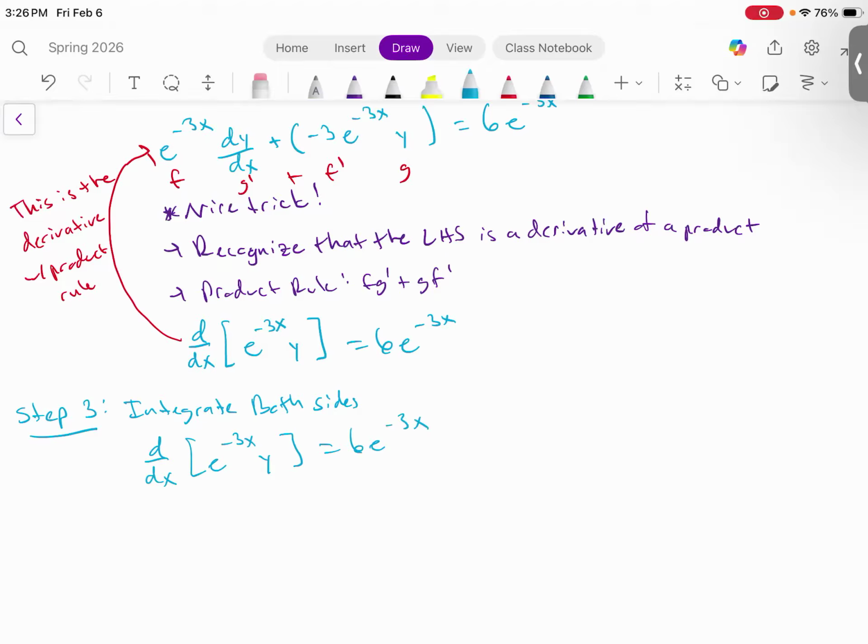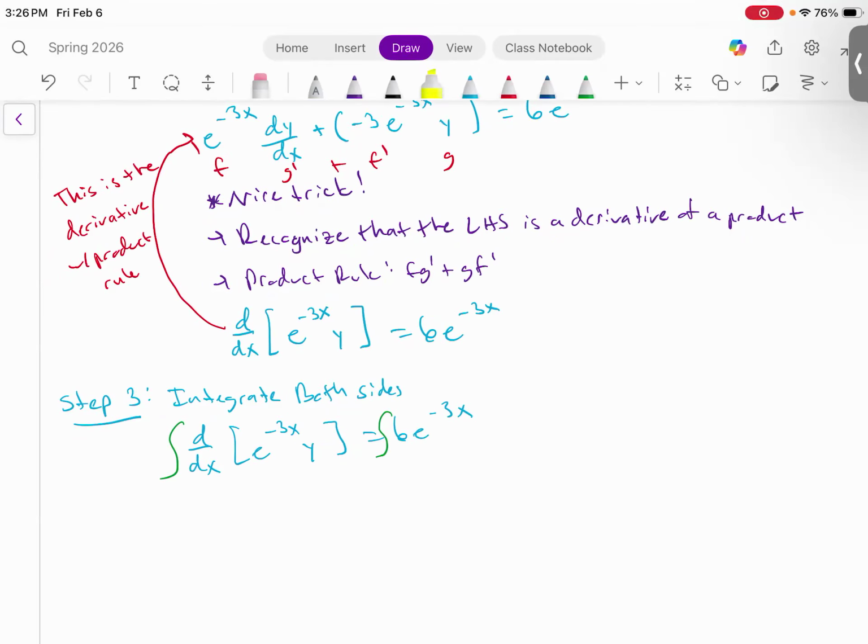What would happen if I integrate both sides? The right-hand side, that's normal. That'll stay the same. But here, the integral of a derivative, well, that just cancels out. The integral and derivative cancel out. They basically undo each other.